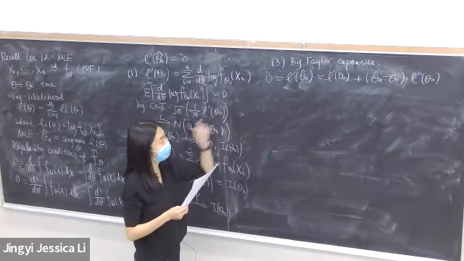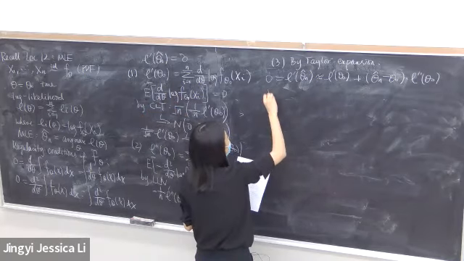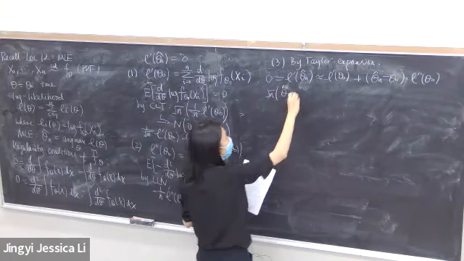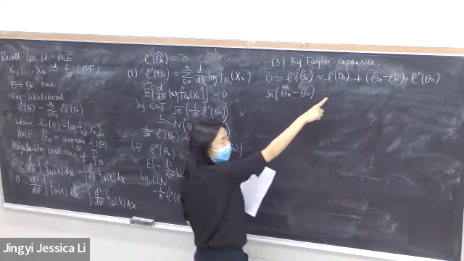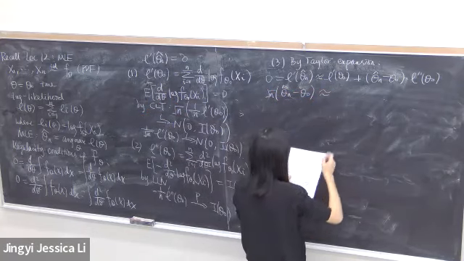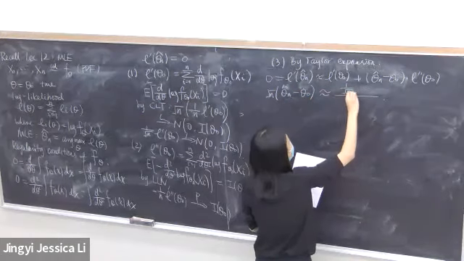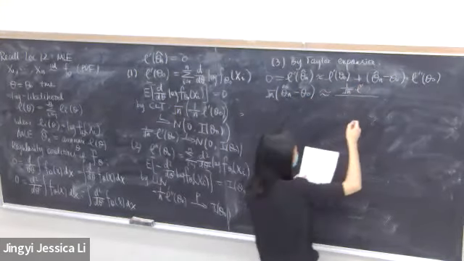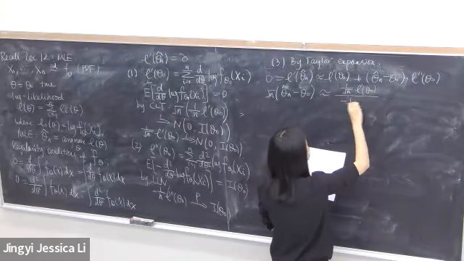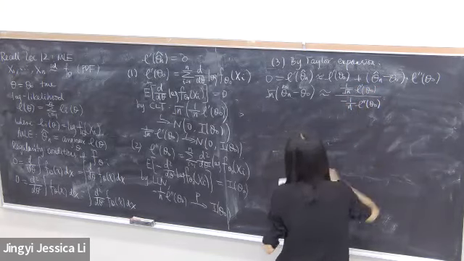But just with this, you can see that the term we need for asymptotics, root n times theta hat n minus theta 0, by this approximation, will be equal to 1 over root n L prime theta 0 divided by negative 1 over n L double prime theta 0.